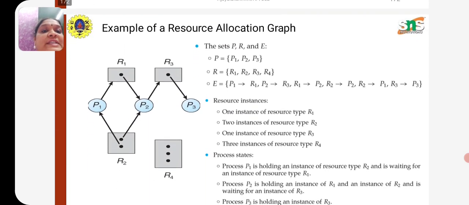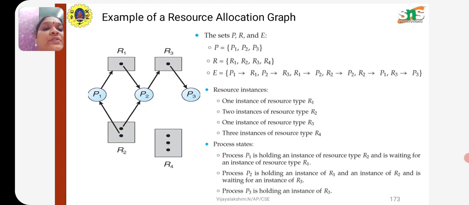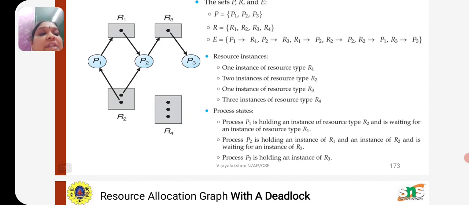Here is an example. We have three processes, P1, P2 and P3, and R1, R2, R3, R4 are resources. The edge set E is: P1 is requesting R1, P2 is requesting R3, R1 is held by P2, R2 is held by P2, R2 is held by P1, and R3 is held by P3. That's how they have defined it.